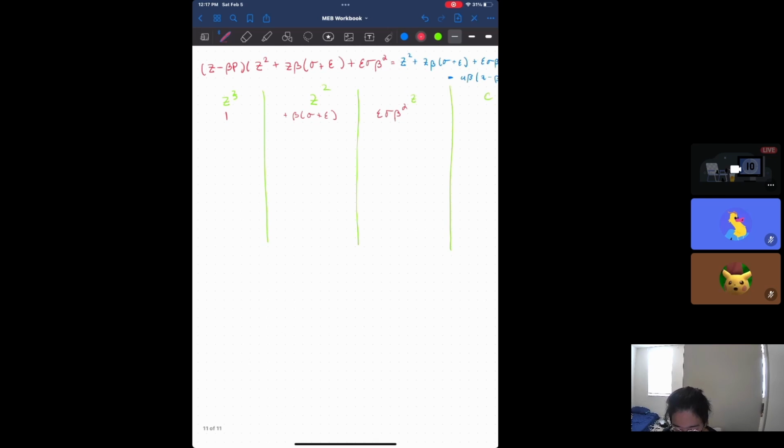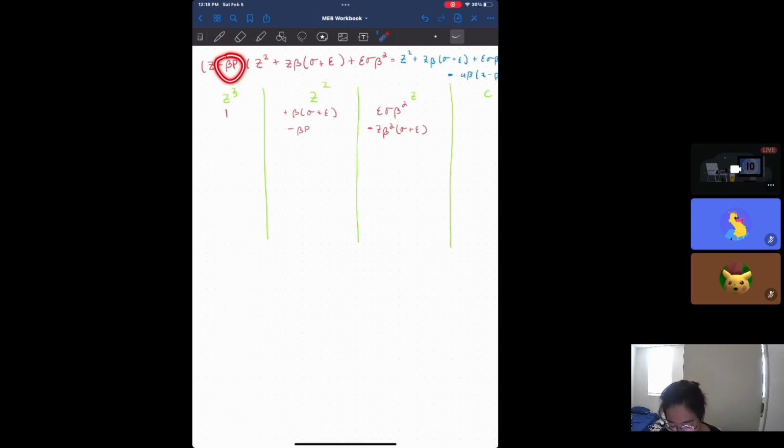Okay, next we have beta p times z squared. That is a z squared expression, but it's negative, so negative beta p. Times this expression is a z expression, and let's write it out. Negative z beta squared quantity sigma plus epsilon. Okay.